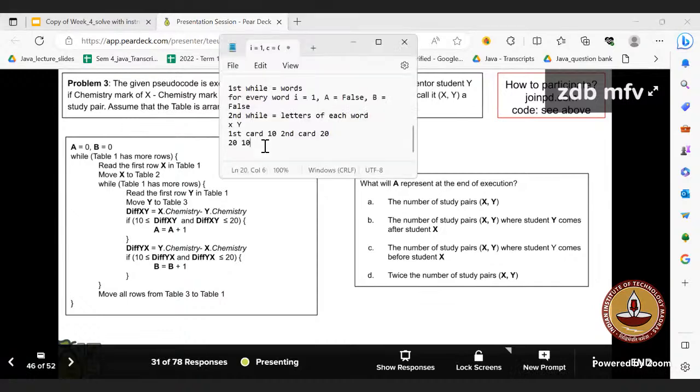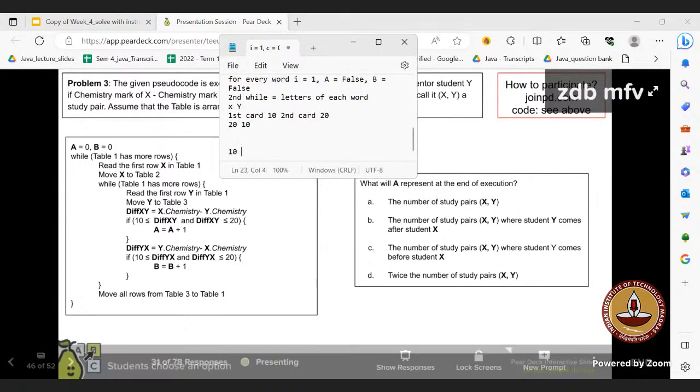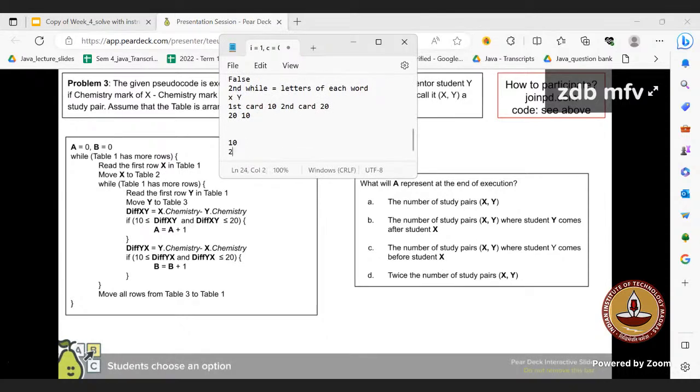Okay. So there should be like 10, 20, 9. These are your chemistry marks. So 10 minus 20 is minus 10. That won't be a pair. But 10 minus 9 is 1.